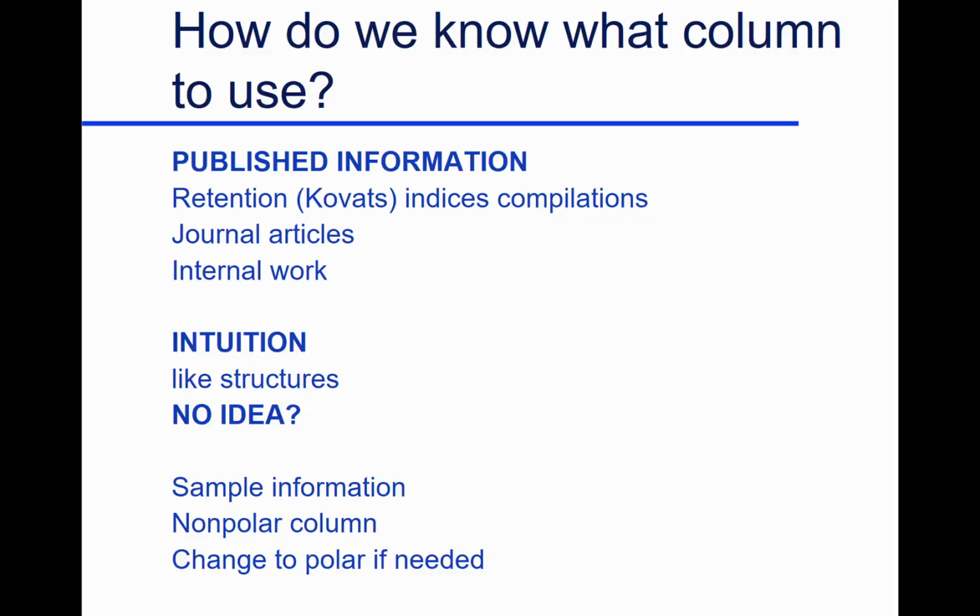If you know anything about the molecule or where it came from, you might know this is a very nonpolar compound that doesn't dissolve in water, so I'd better choose a nonpolar column. If it's very polar and dissolves in water, you might say I should use a Carbowax or something like that. This gets you into the category of making a good guess when you don't have anything else to go on.